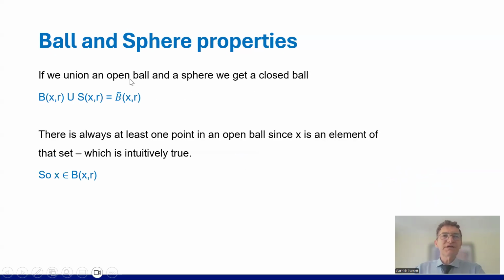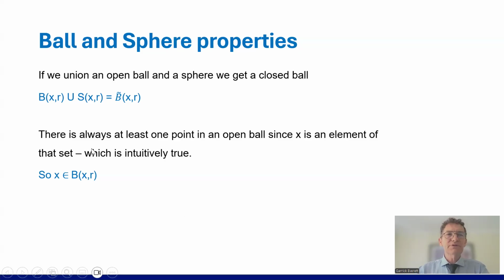So just two properties here. If we union an open ball and a sphere, we get a closed ball. Ball B(x, r) union sphere S(x, r) gives the closed ball B tilde (x, r).